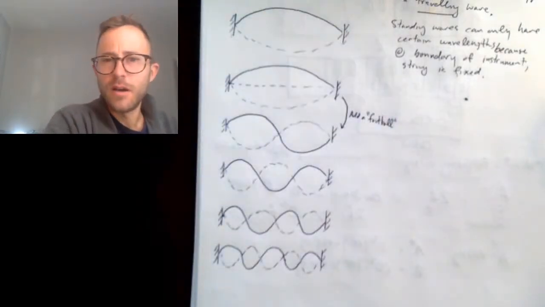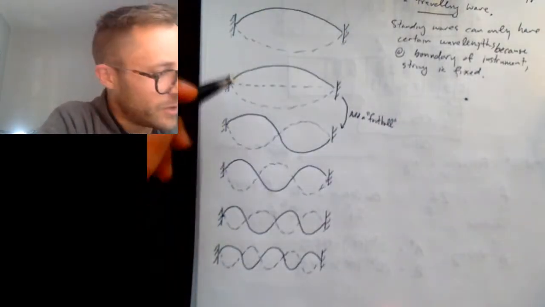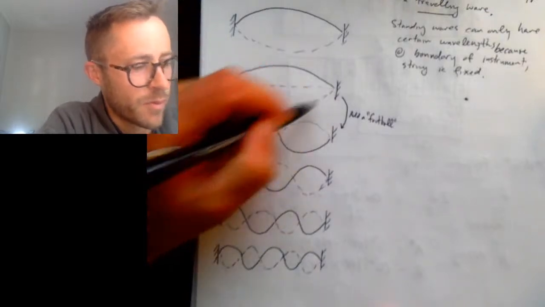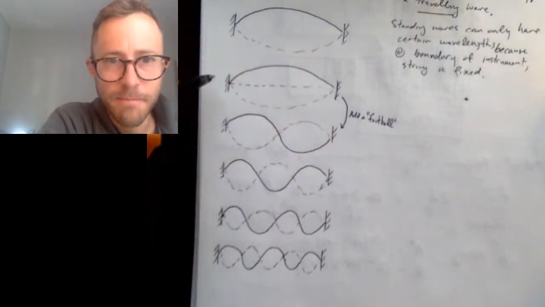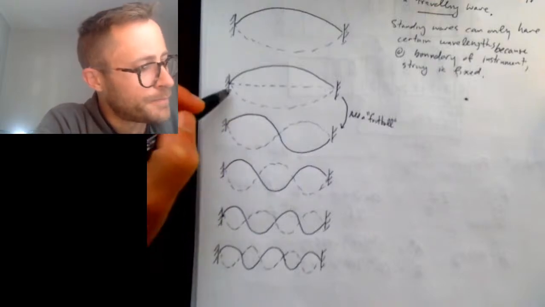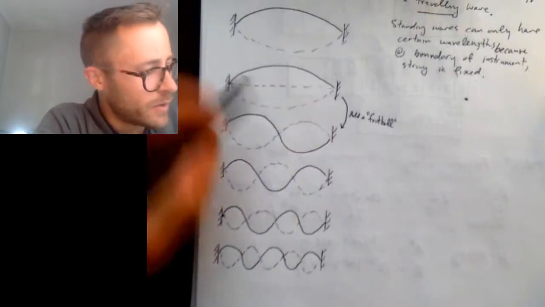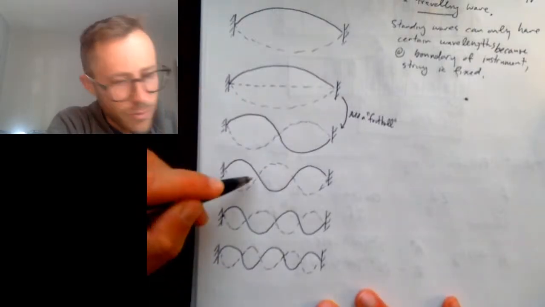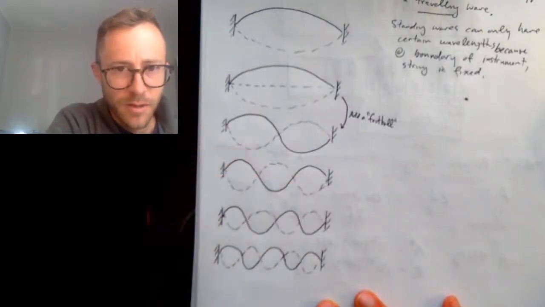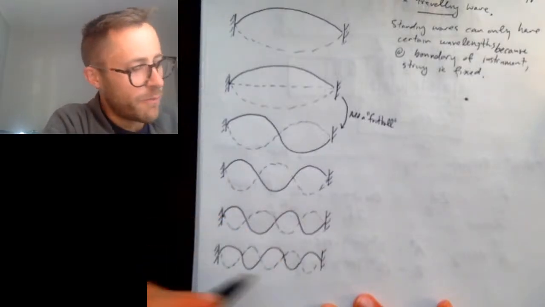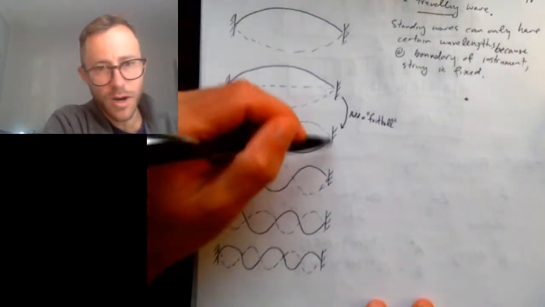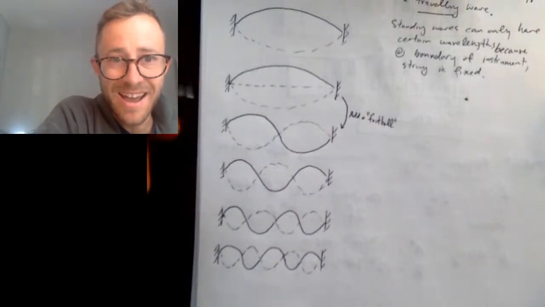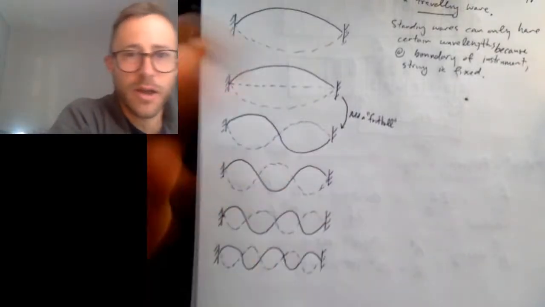So you can see that this has one football. This has 2 footballs that are tip to tip. This has 3 footballs that are tip to tip to tip. 4 footballs, 5 footballs. So every time we go up, we add a, quote, football.